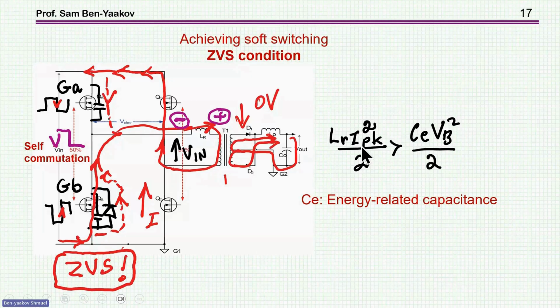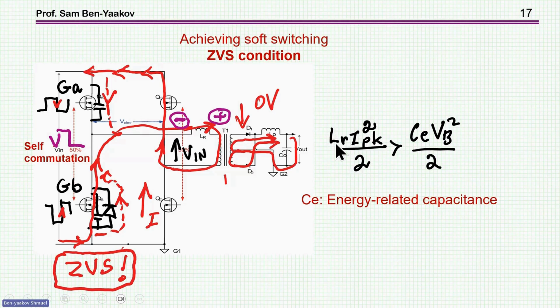Now, the current depends on the current that we had in the system just before the whole process started. That is, it has to do with the output power, because we sort of froze this current at a given point. So this is nothing we can control. It has to do with the power level of the system.